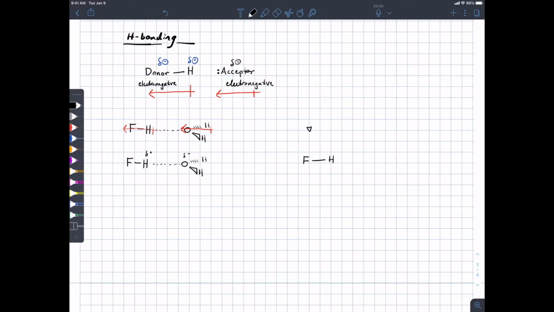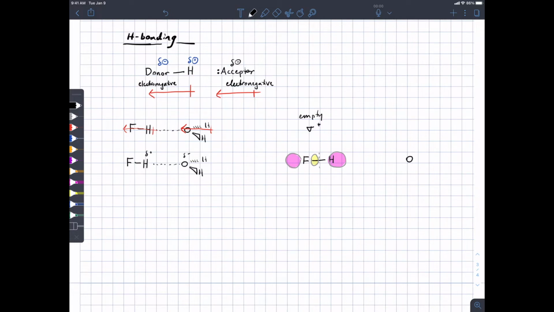Let's draw the sigma star for that molecule. That would have a node in between hydrogen and fluorine. It would have a lobe here and a lobe there, and then another lobe there on the hydrogen, and we could just fill in the phases to show the change. So that's the empty sigma star.